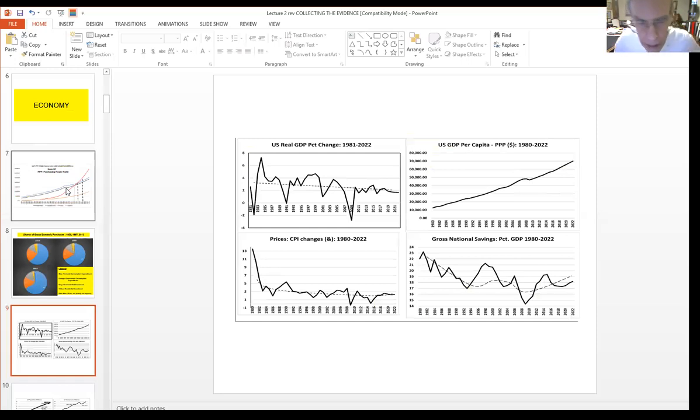Incidentally, something that I did not point out that I probably should is in the upper left-hand chart again, the rate of growth of the gross domestic product. And what you can see is that there's a dotted line running through it. Theoretically, the space above and below the line is about the same on that graph.